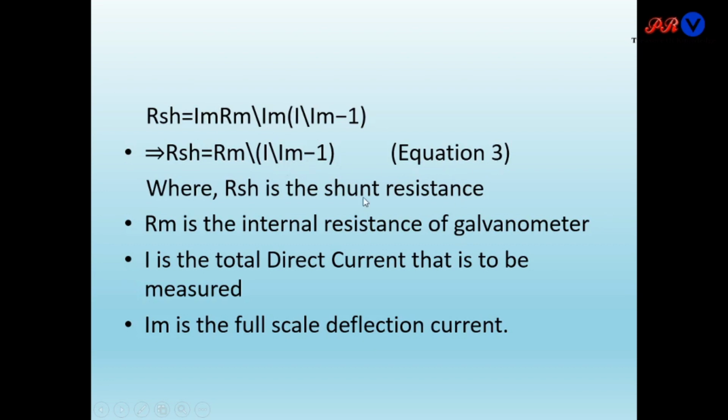This is equation 3. RSH is the shunt resistance, Rm is the internal resistance of the galvanometer, I is the total direct current that is to be measured, Im is the full scale deflection current through the galvanometer. So in this way we can calculate RSH. This is another formula for calculation of RSH.